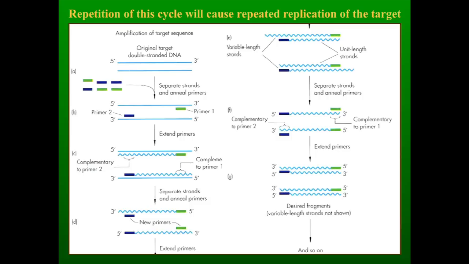Next, the extension of those primers is accomplished through a polymerase that will bring in the appropriate A's, T's, G's, and C's that will match the complementary strand of that single strand.